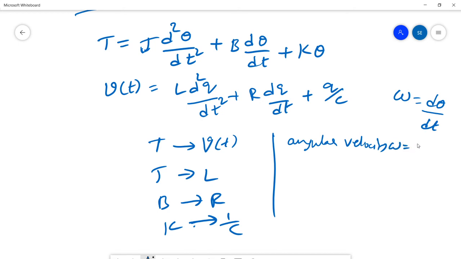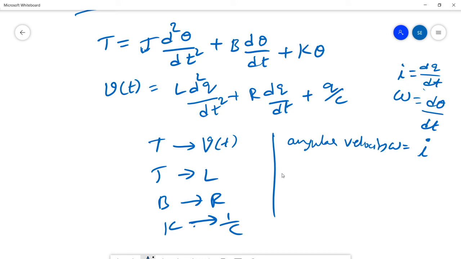Now what is that here? dq by dt, that is equal to I. By comparing, angular velocity omega is equivalent to current I. Then what is left? Moment of inertia is done, and K is done.